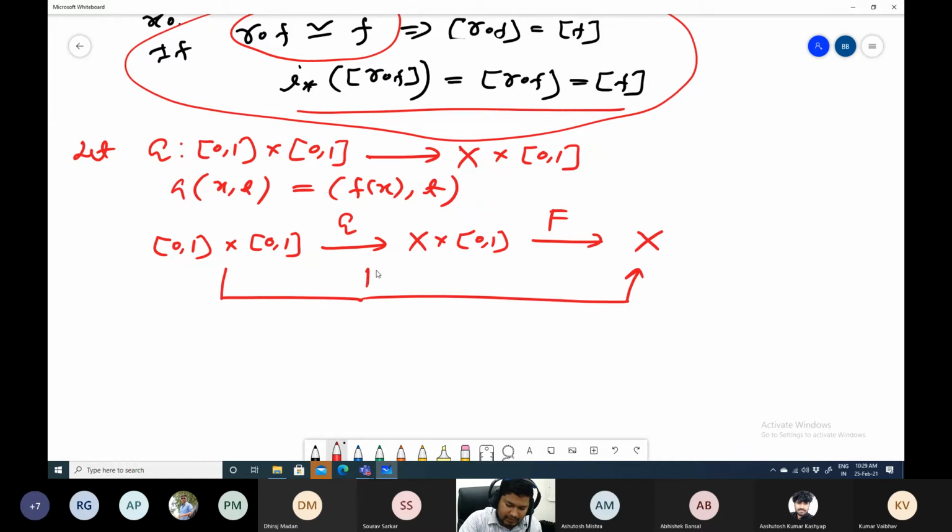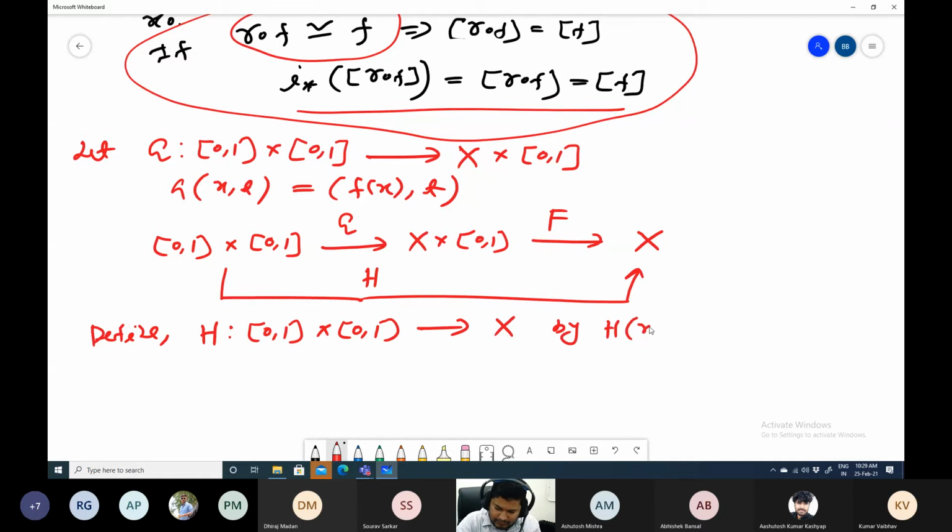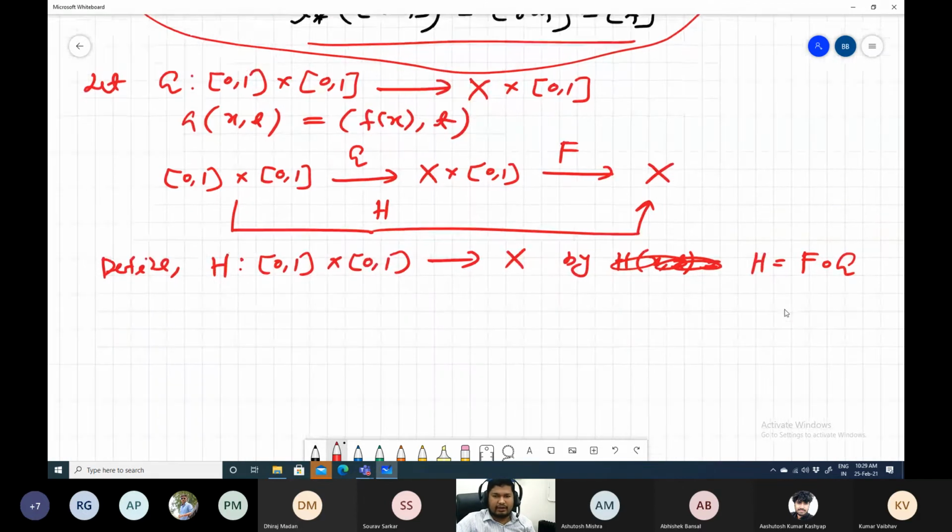So that will be my H. Now define H from [0,1] cross [0,1] to X by H equal to F composed with G. Now see, we are done.